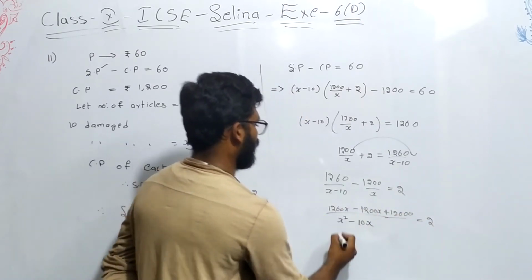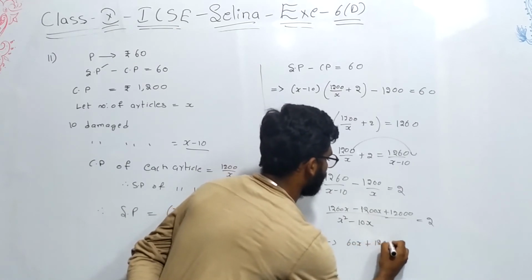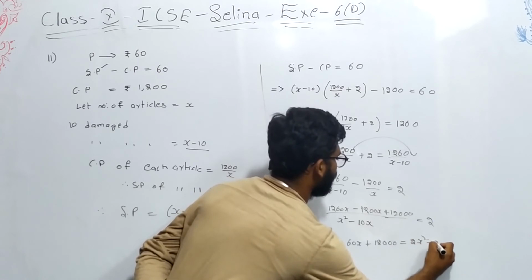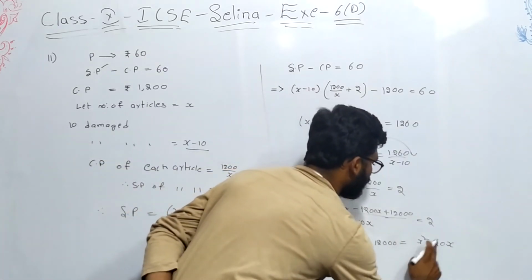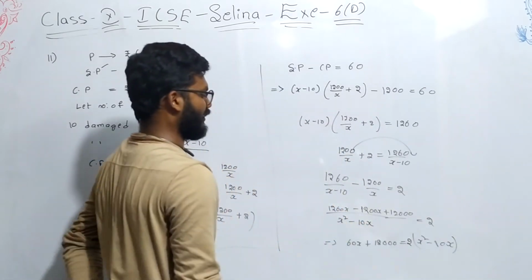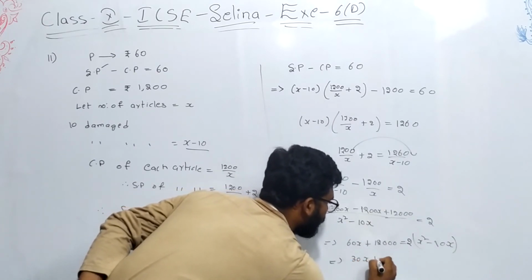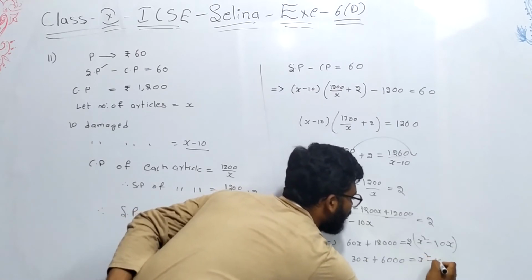So that implies 60x plus 12,000 is equal to 2x square minus 20x. Or else if you write 2 like this only, how much will it become? 2 into x square minus 10x, and if we take 2 common here, how much will you get? 30x plus 6000 is equal to x square minus 10x.